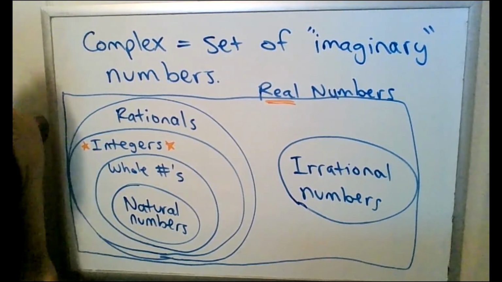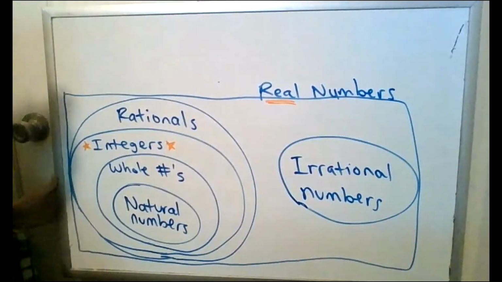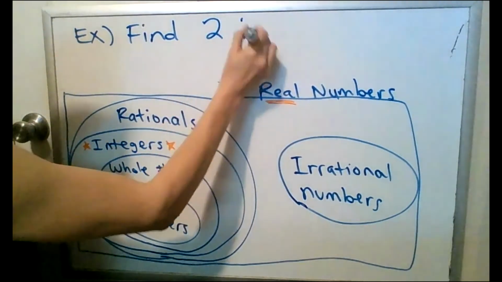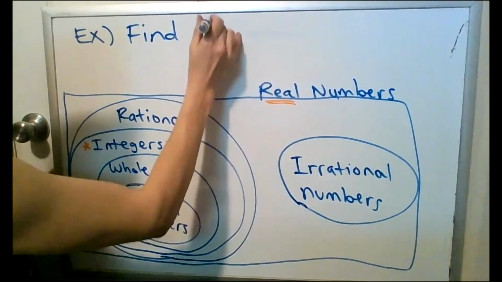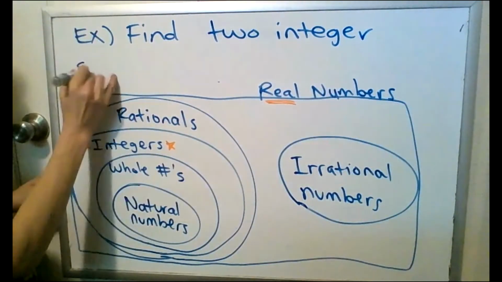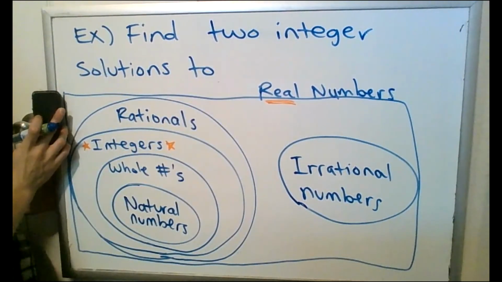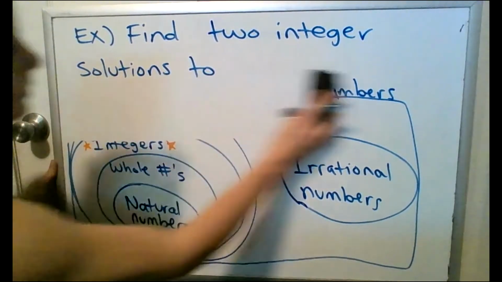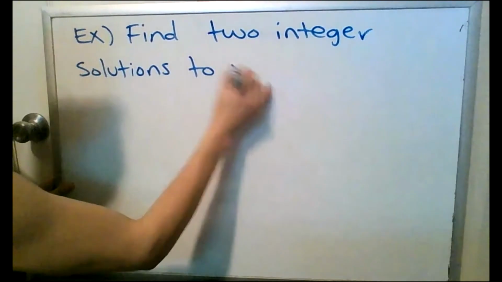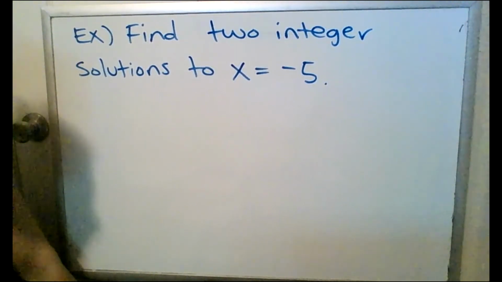Cool. So the example is to find two integer solutions. So two solutions.